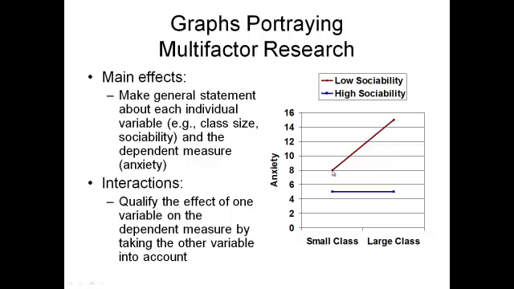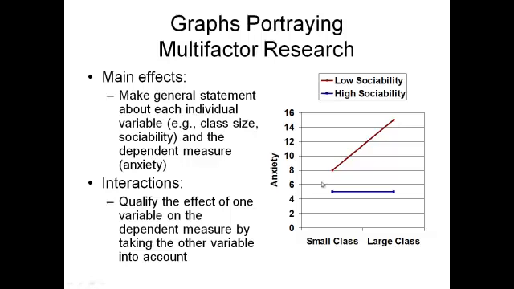So the average anxiety for the low sociable people in the small class is 8, and for low sociability in the large class is 15 up here. So there's a big difference here.